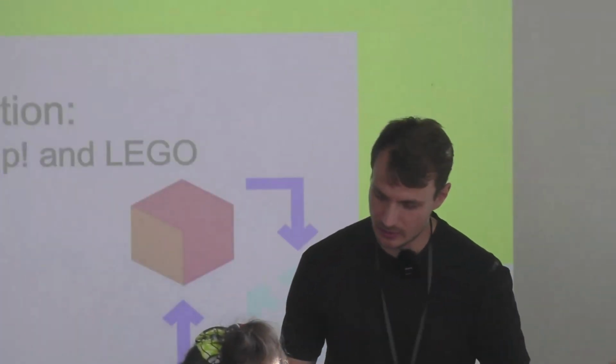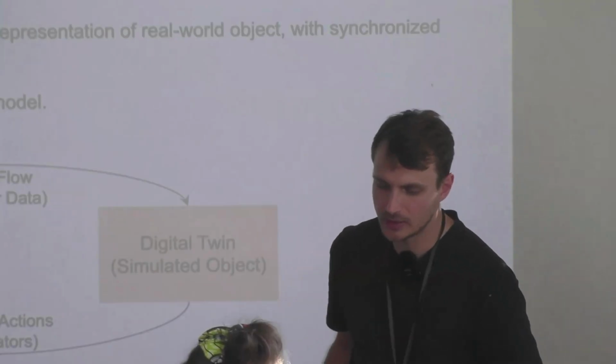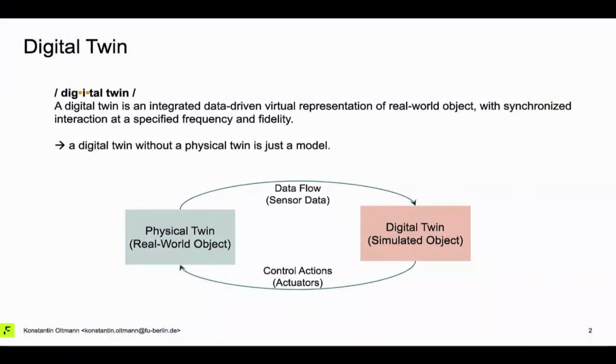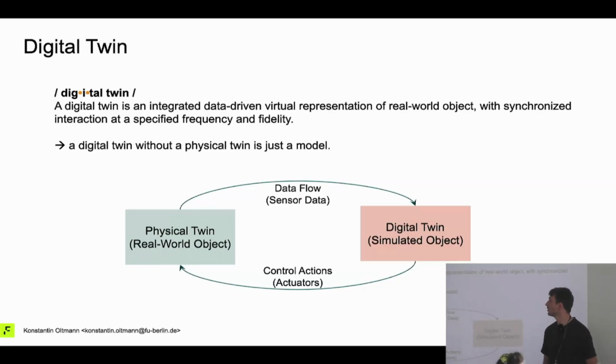But let me tell you a little bit about what actually a digital twin is. The definition, it's the only slide. The definition is that a digital twin is a virtual representation of a physical object, a real-world object. And both the digital twin and its real-world representation are connected.